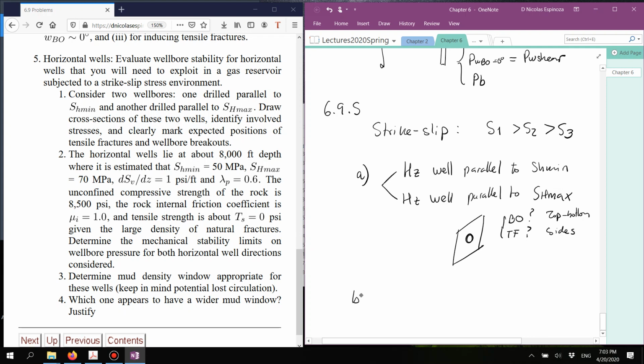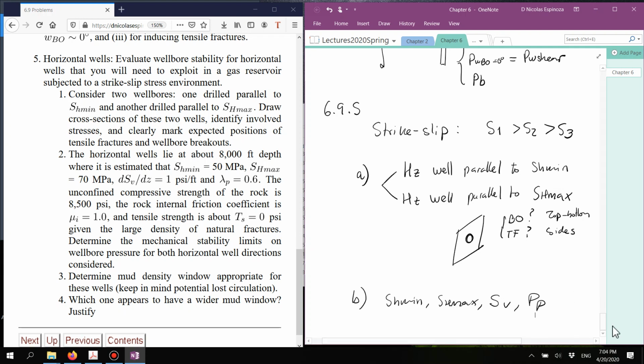In part B, you have to go a little bit more into computing some numbers. Here you have the values of SH min, SH max. Also, you have the gradient for vertical stress. So with all this data, you're going to be able to tell me what is SH min, SH max already given, but you should also compute what is SV, what is the pore pressure.